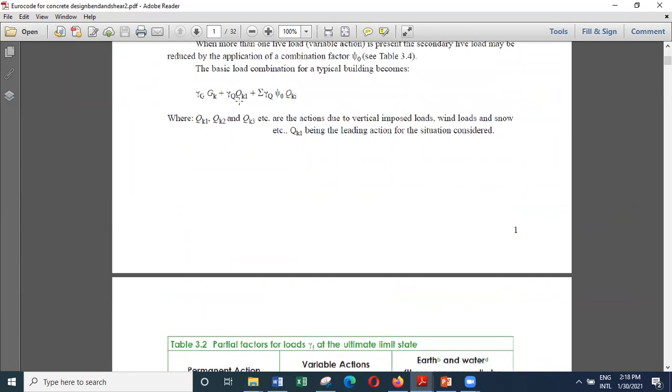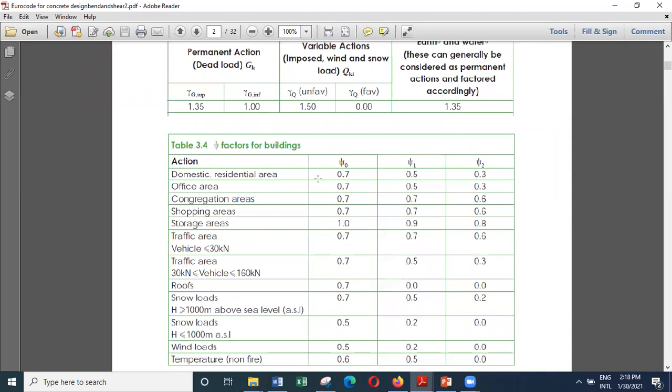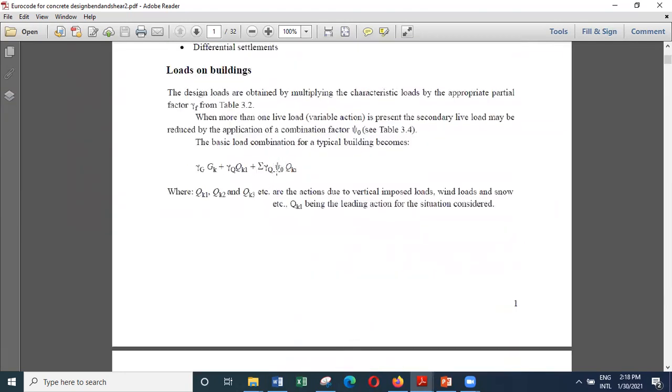And if you are going to combine it with wind loads, then here also you get 1.5, but you have to multiply it by 0.5. The reason is, for wind loads, phi naught factor is 0.5. So you'll multiply this by 0.5, and then you'll get the full effect.